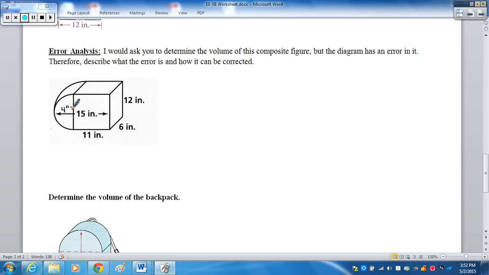Now if my radius is 4 inches, my diameter would have to be 8 inches. Well, if that length is 8 inches, then this length is 8 inches, but that length doesn't agree with that length. And so this guy would have to become 8 inches. That would be one way to fix the problem.